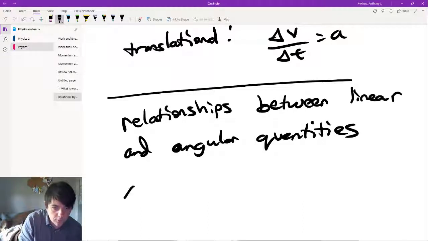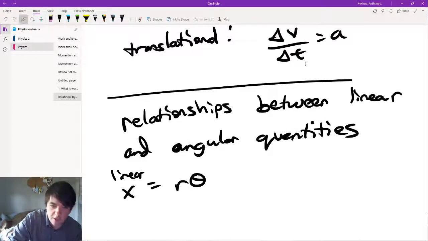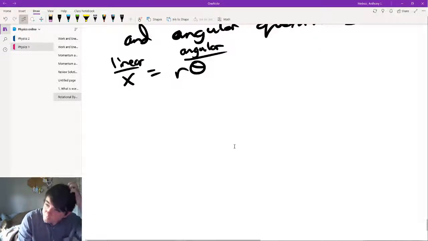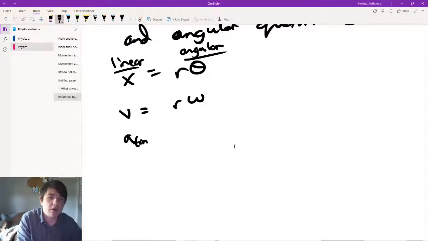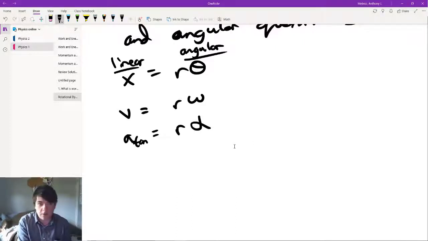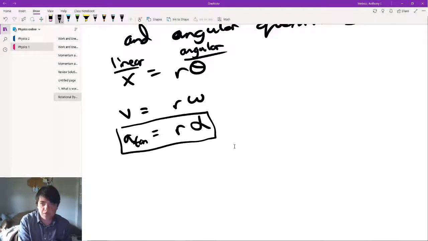Okay, so x, which is linear, equals the radius times theta, which is our angular. We have v equals the radius times omega, and we have a, the tangent acceleration, equals r alpha. I'll talk about these 2 different accelerations.